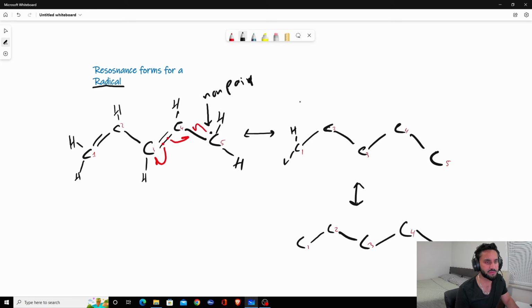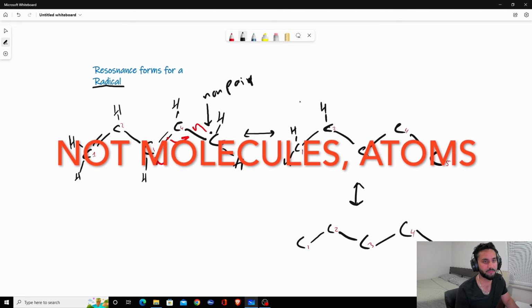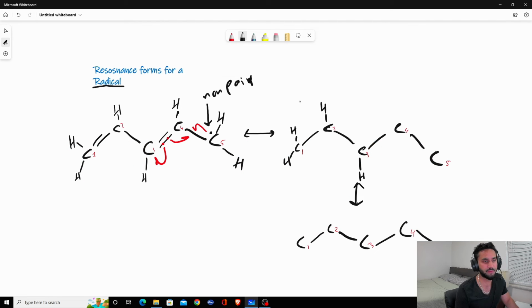So like I said in the beginning, atoms don't move around, so all the atoms are the same. I'm just going to draw the hydrogens first, so 2 here, and that's it for the atoms. And now between carbon C4 and C5 we now have a double bond.